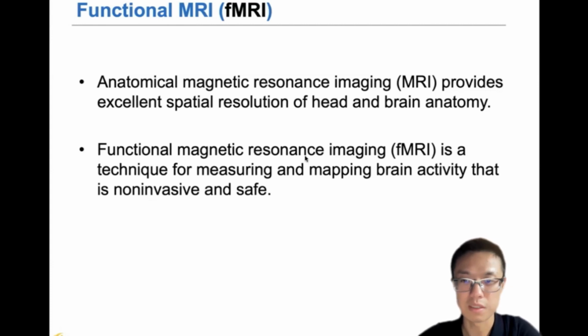But for some applications, we are interested in the function, how the brain works. Functional MRI is a technique for measuring and mapping brain activities that is non-invasive and safe. We don't need any injections or needles to detect brain activity. We can just use the MRI scanner to examine the function of the brain.